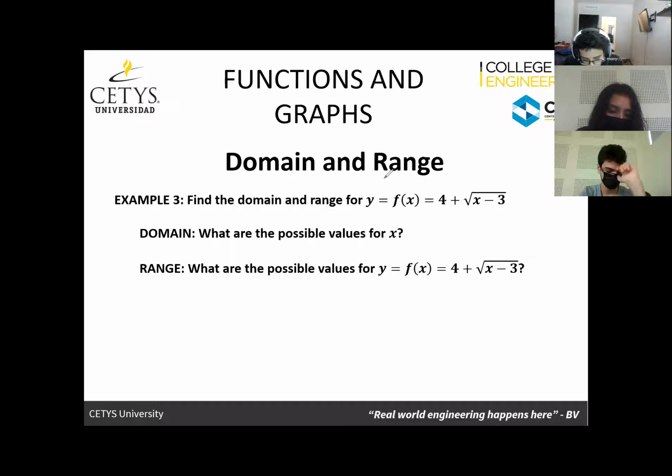Number 3, we can include number 3, so it would be from minus infinity to 3 and from 3 to infinity. No, Ivan, the restriction has to do with the fact that we can't have a negative number inside the square root. Okay? Are you okay there, Ivan?